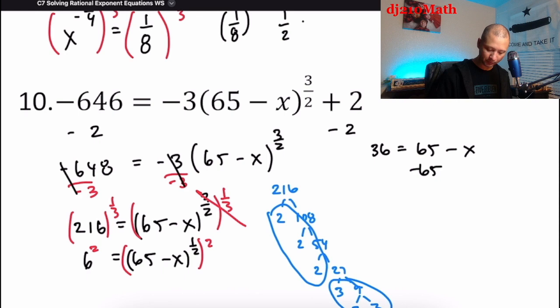Subtracting 65 from both sides. So negative 29 is equal to negative x. So x is equal to 29.